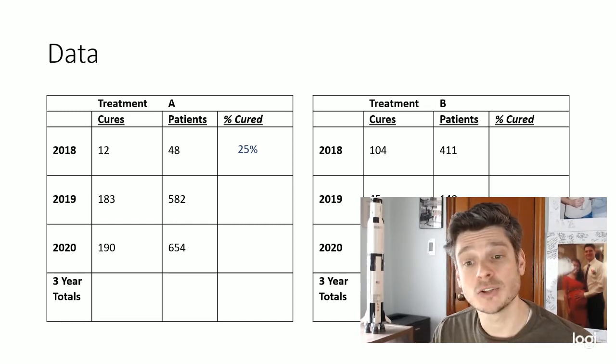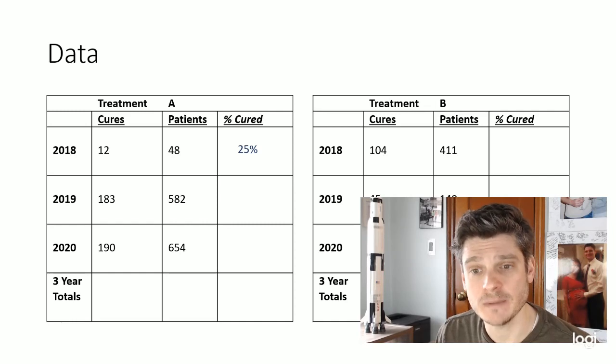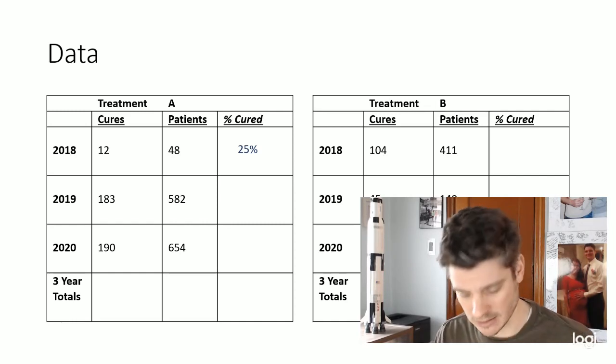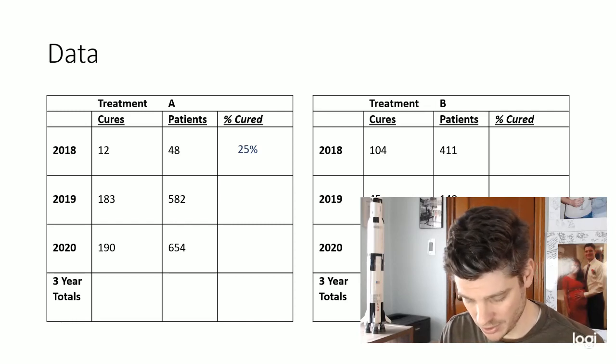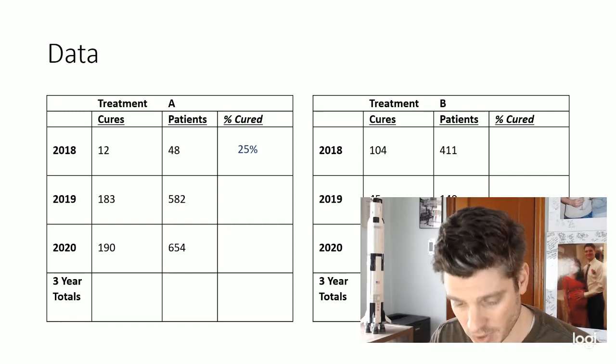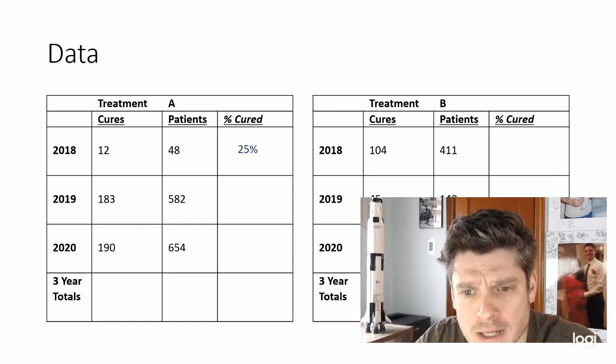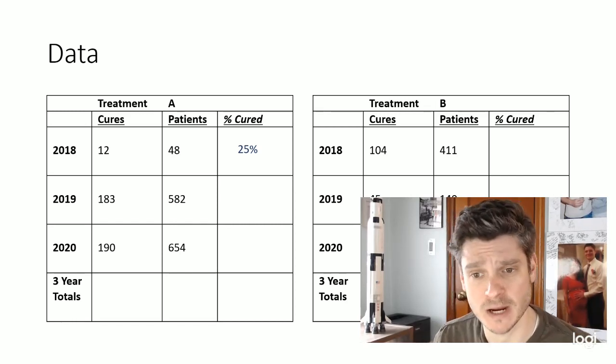All right, now let's do the same thing for treatment B in the year 2018. Same idea. In this case, we're doing 104 divided by 411. And hopefully you're doing this along with me, right? Everyone has their calculators out and their pencils and paper.